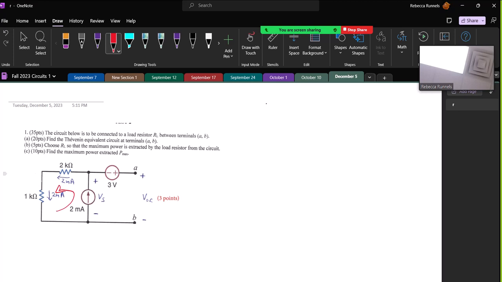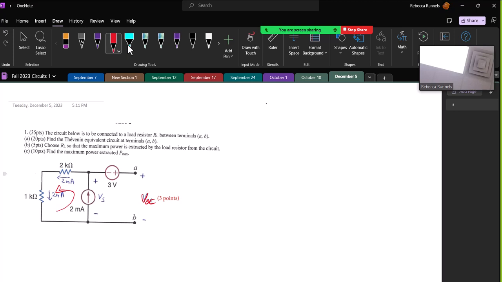We do know those currents when we are doing V open circuit, because for a Thevenin we need to do V open circuit. So if it's open circuit, it means that no current is flowing on the right-hand side because it's open right there. And so the only current that's flowing is the current that's coming from this current source. So it's coming up through that middle branch and then to the left and then down. And it's 2 milliamps everywhere.